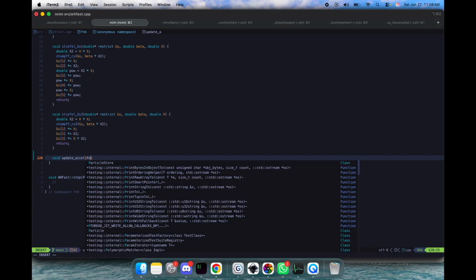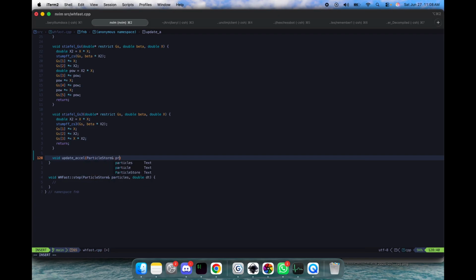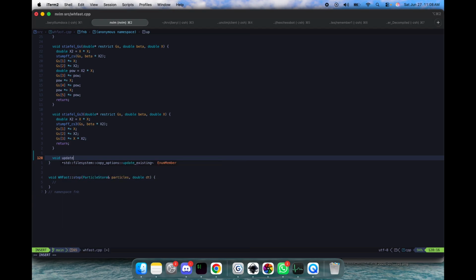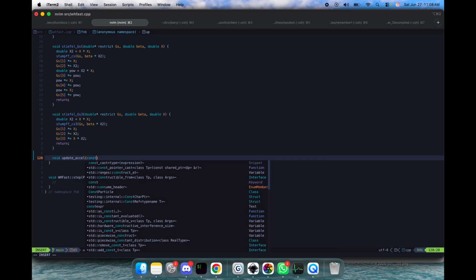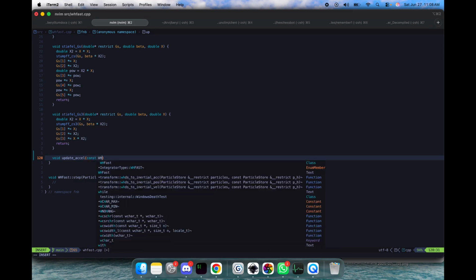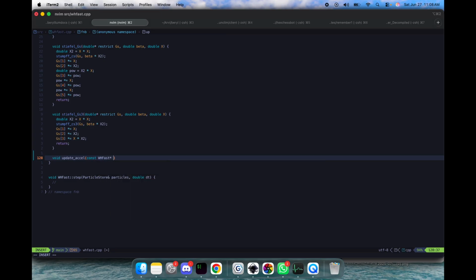Excel, and we have to particles, and in here we have to update Excel, and I'm just gonna make it get a const reference to const WHFast.